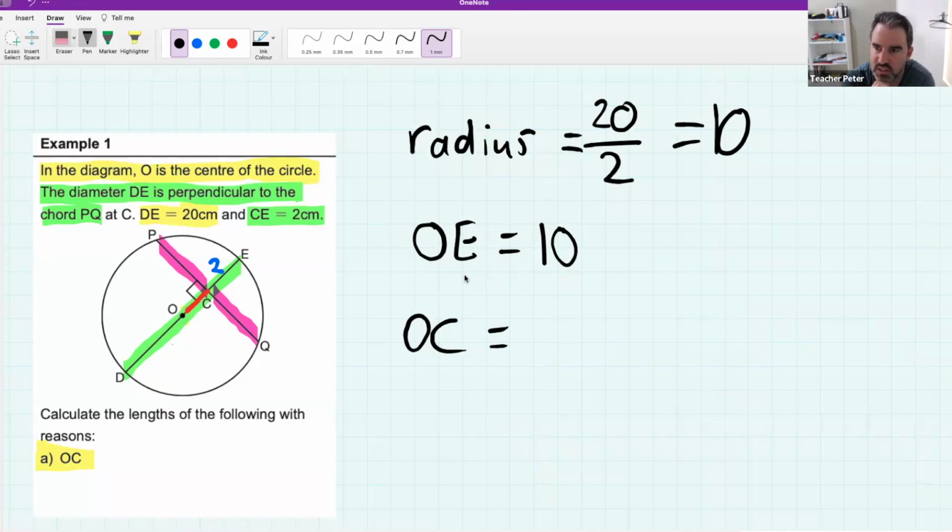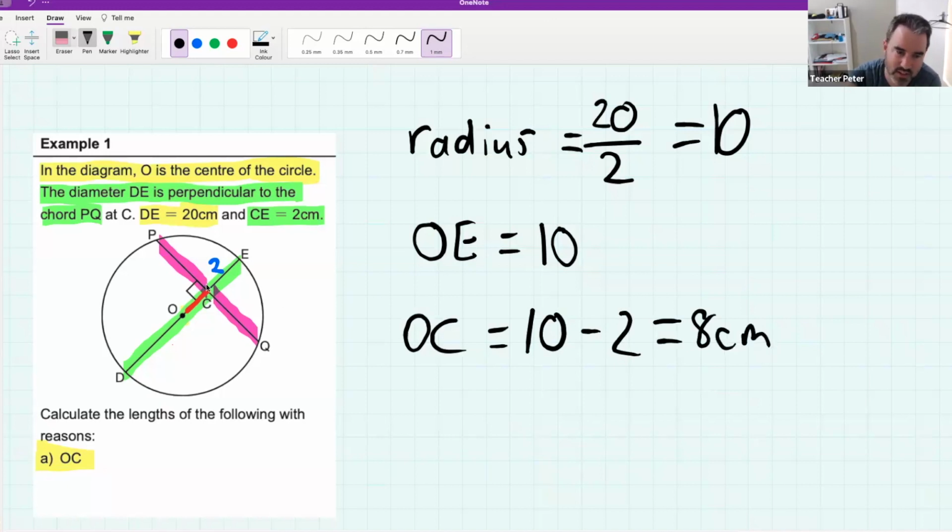I know the picture is a little bit dramatic, but if OE is 10 and CE is 2, then OC must be 10 minus 2, which is 8 centimeters.